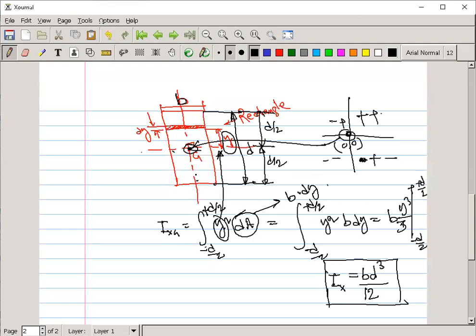Negative side means below, so this is minus d by 2, and this is positive d by 2, the upper half portion. It means you have to calculate the moment of inertia for this whole body, from minus d by 2 to plus d by 2.